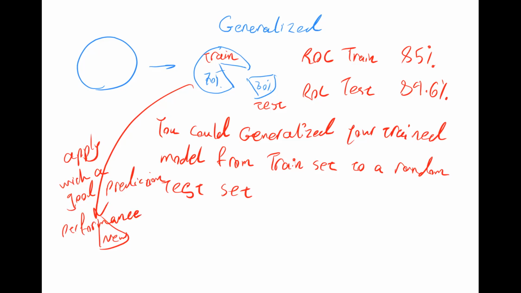Let me show you another shape, even a different color. So if you can generalize over a random test, then in future when you get new data, you can generalize to the new data.